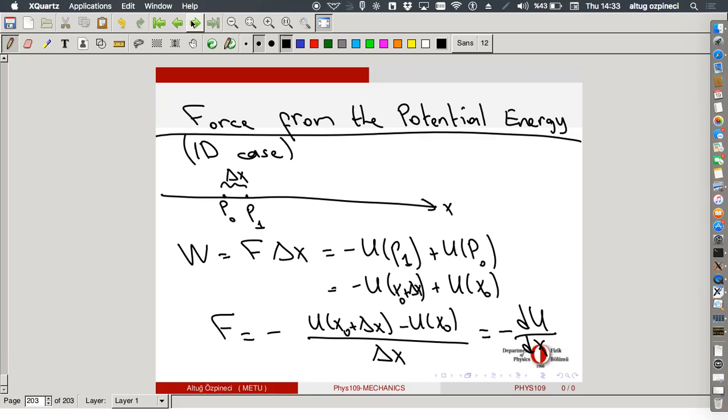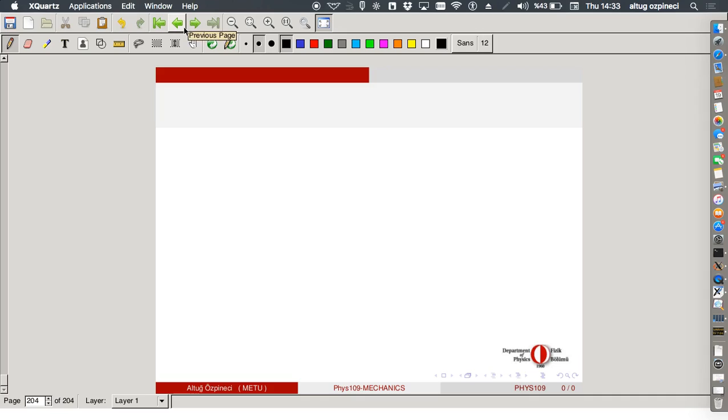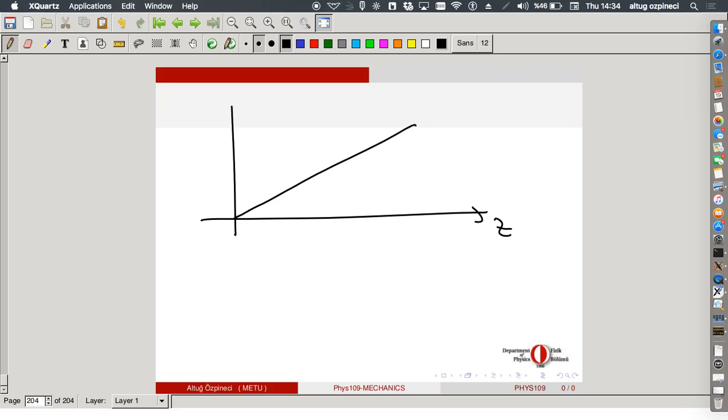Now, we can model this by just saying that, of course, when the ball bounces from the floor, if there is no energy loss, then the potential energy for this case can be just drawn as this is the potential energy due to gravity, it just increases linearly, and this is the potential energy due to the Earth. So this is the potential energy graph.